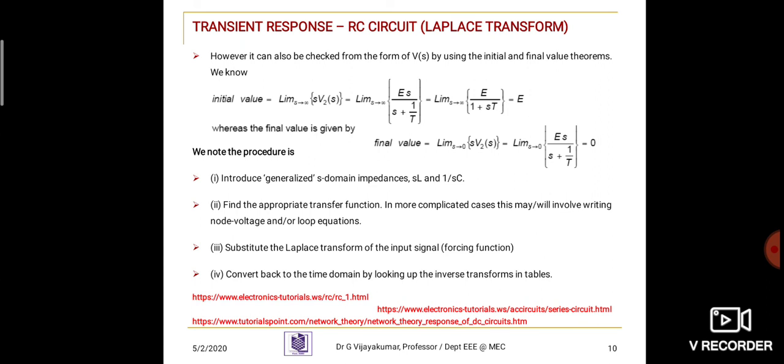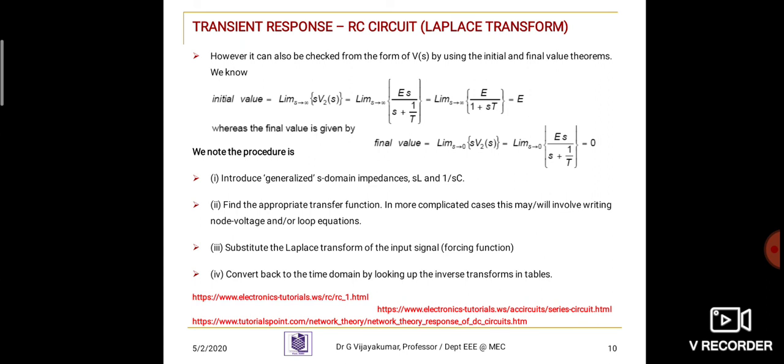Second, find the appropriate transfer function. In more complicated cases, this may involve writing node voltage and loop equations, which we already know from the second unit, using the nodal method as well as the loop method.